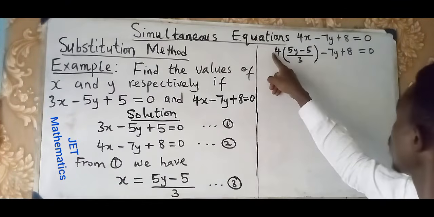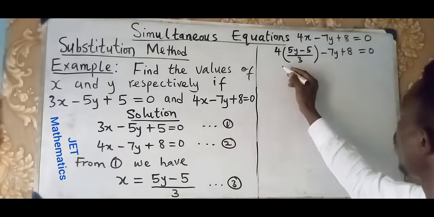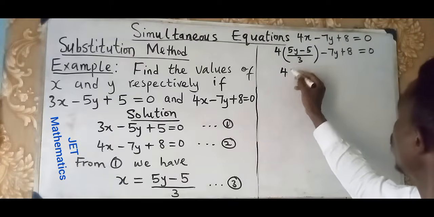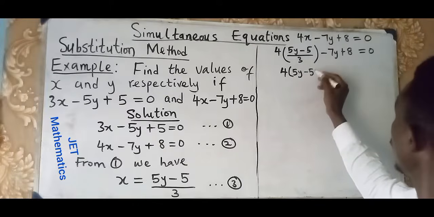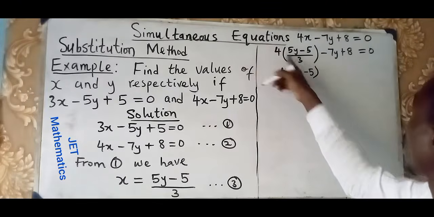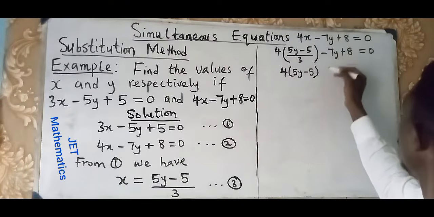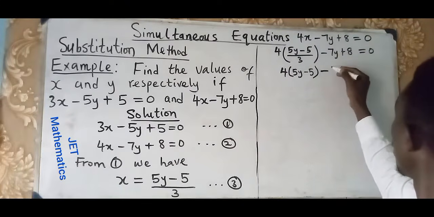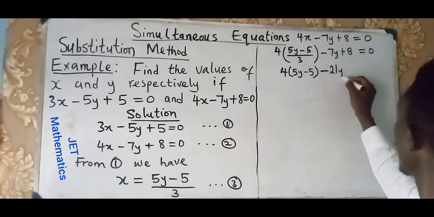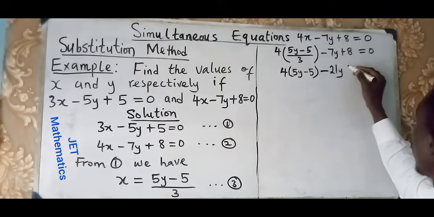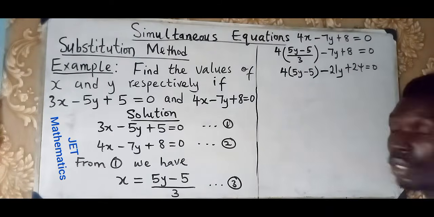If we multiply this term by 3, we are going to have 4 into 5y minus 5. The 3 we use to multiply this cancels out with this 3. And then multiplying this by 3, we have 3 times 7 is 21y, and then here we have plus 24 is equal to 0.